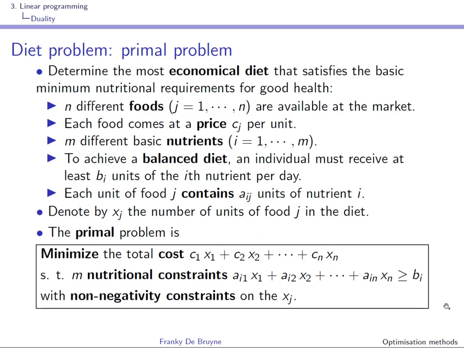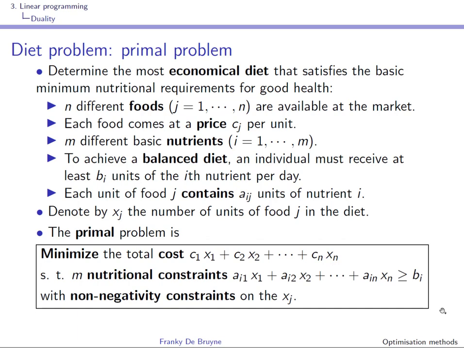And we need to determine xj, the number of units of food j in the diet, and for that we'll minimize the total costs, and the total cost is c transpose x, that is c1 x1 plus c2 x2 up to cn xn.